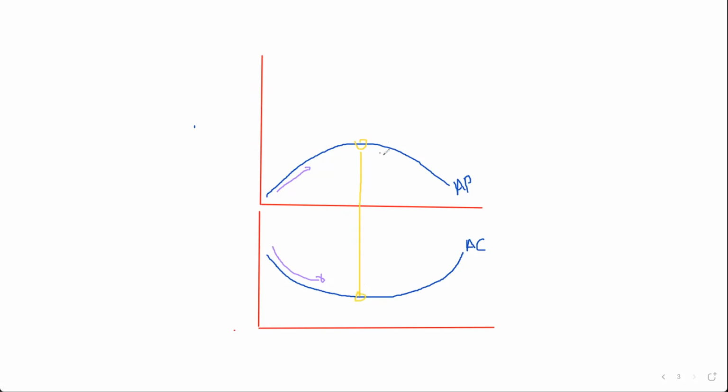So here, the decrease becomes an increase. So you see the mirror reflection. If you look at the marginal product, okay, the marginal product.